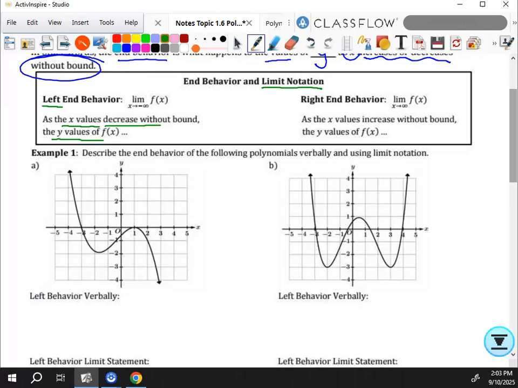But the way you say it, the words that would come out of your mouth for this, we're going to write down, so anytime you put anything in quotes, it's how you say the notation. This would be the limit as x approaches negative infinity.